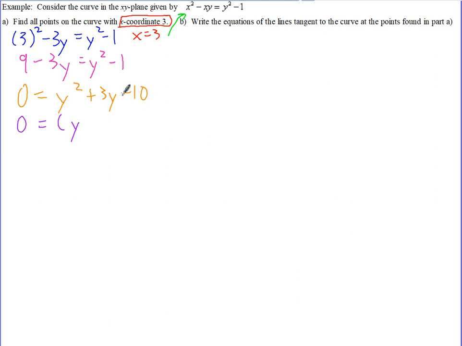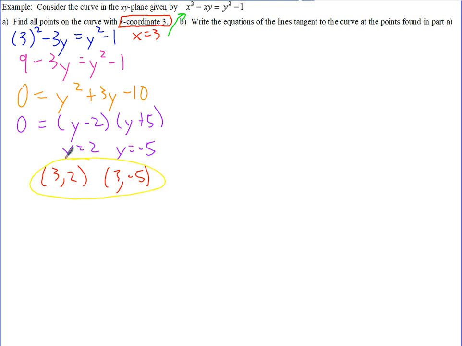Negative 10 that adds to be 3 would be negative 2 and positive 5. So we get y equals 2 or y equals negative 5. So the points, since x is 3 for both of those, would be (3, 2) and (3, negative 5). So that answers part A.